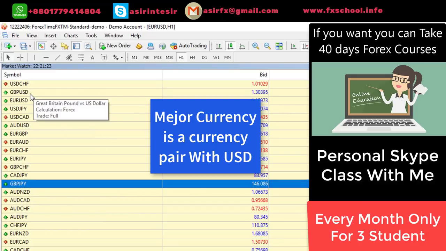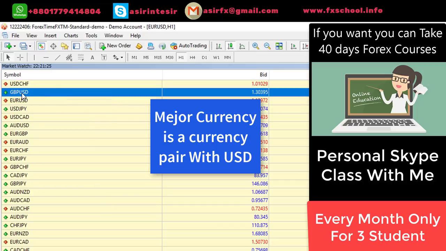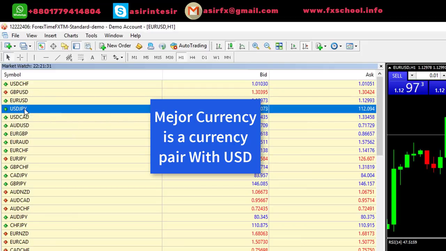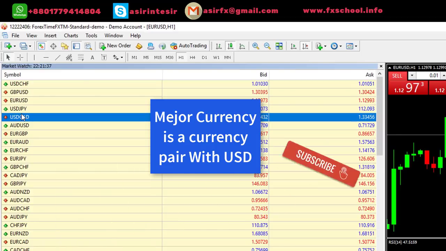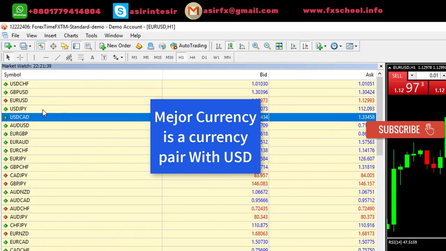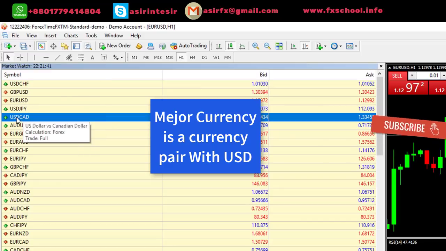When you see a currency pair with the USD, like GBP USD, there is a USD, so this is a major currency. USD JPY, USD exists, so this is a major currency. USD CAD, this is a major currency. So when USD exists in a currency pair, it will be a major currency.